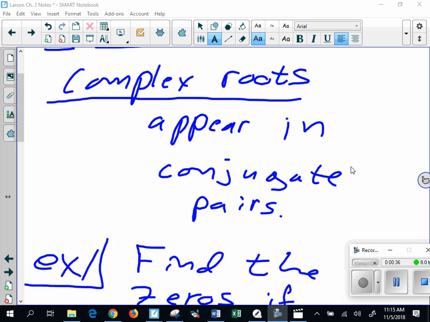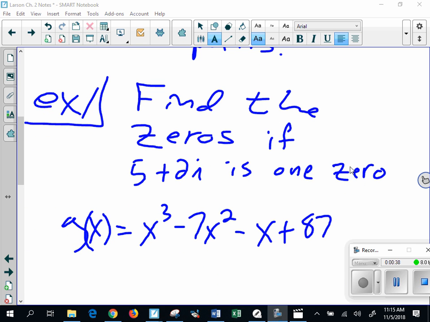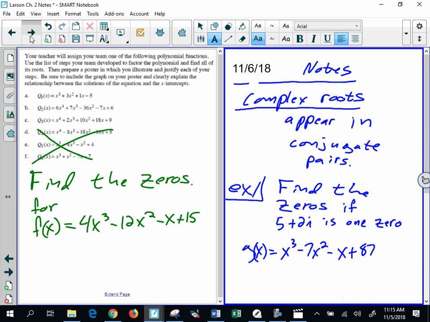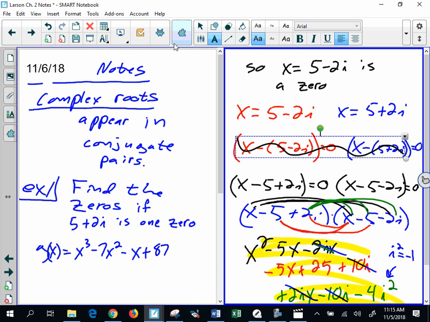So according to that, if I have this function and I know that 5 plus 2i is one of the zeros, then guess what? 5 minus 2i should also be one of the zeros.